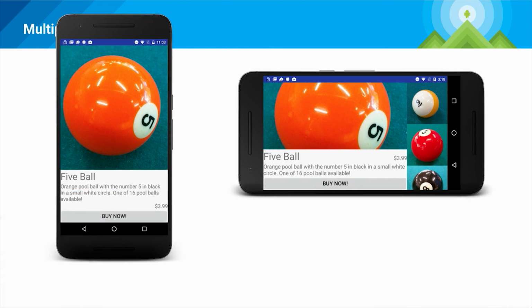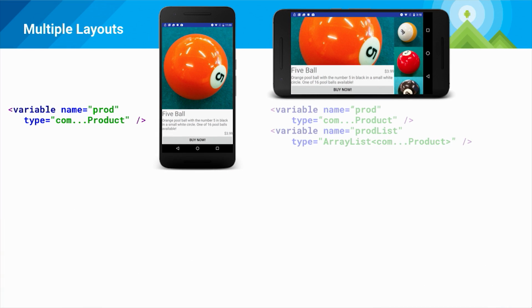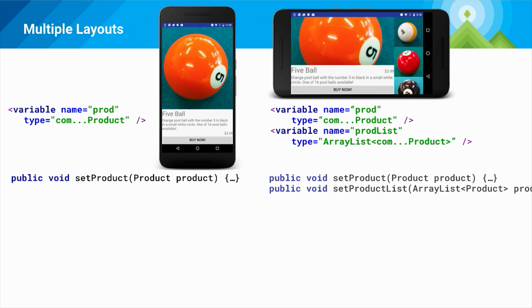Seems interesting. How about multiple layouts? Multiple layouts. Well, I guess you have different variables in different layouts. Activities now? I hope not. Boy, that would be a pain, wouldn't it? You have multiple. In one you're setting the product, and in the other you're setting the product list. And it's really a pain.